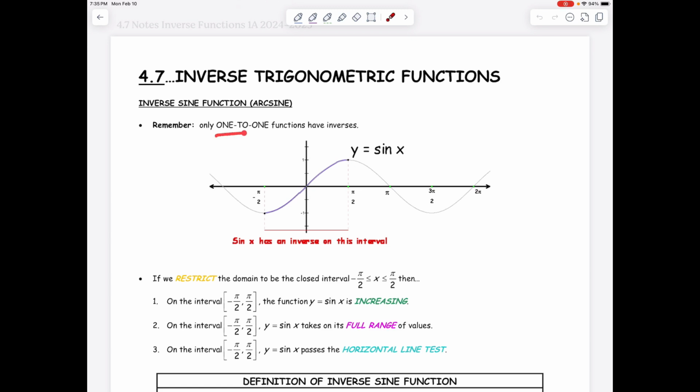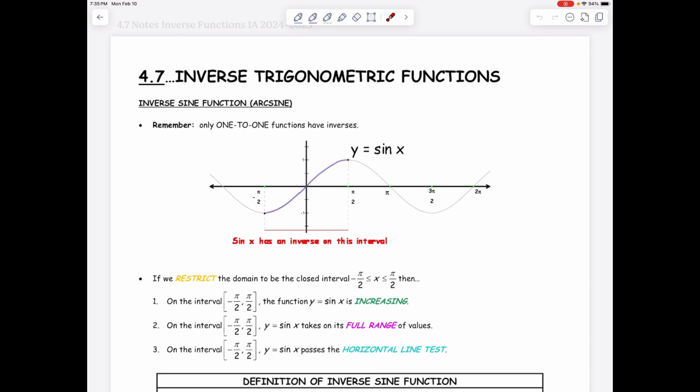If it has to be one-to-one, and it has to pass the horizontal line test right off the bat, then this is going to fail miserably, because when it moves through anywhere on the function, it's going to pass at multiple points.